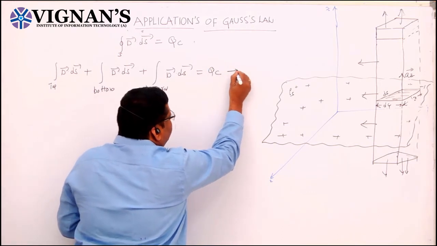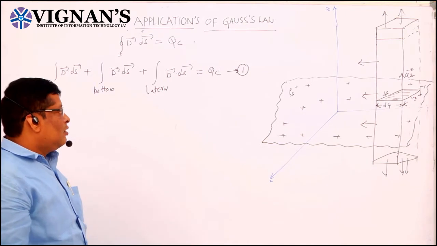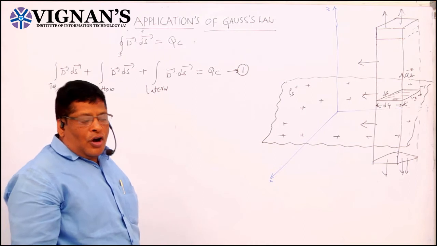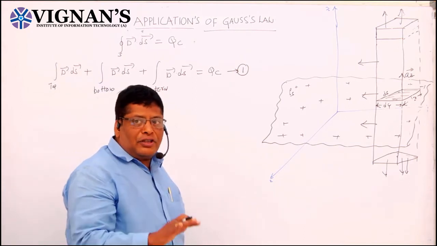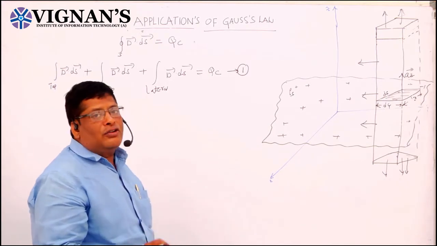Take this as equation 1. See here, if we observe this diagram, on the xy plane we kept the charge sheet, and the electric field intensity is always perpendicular to the sheet.